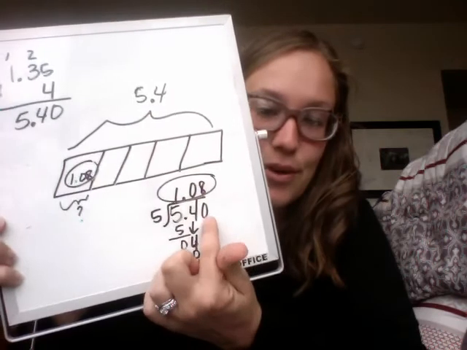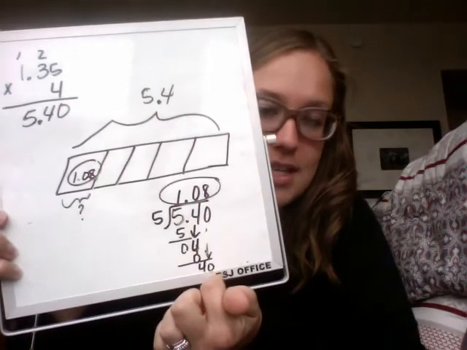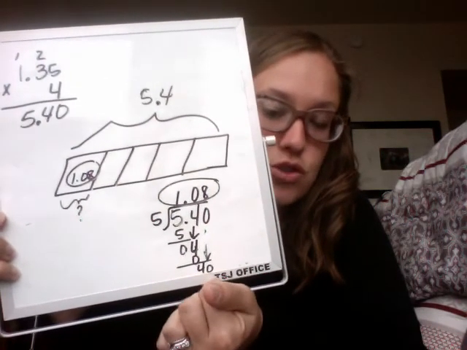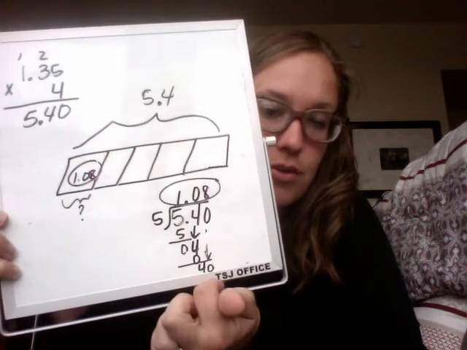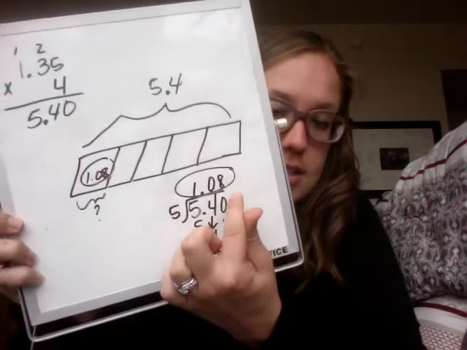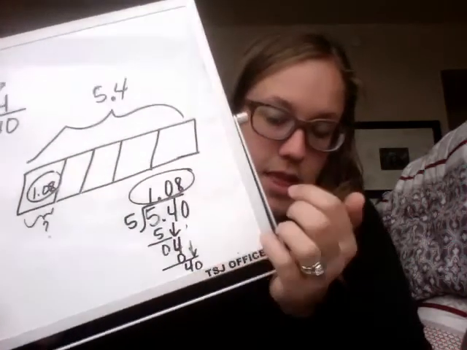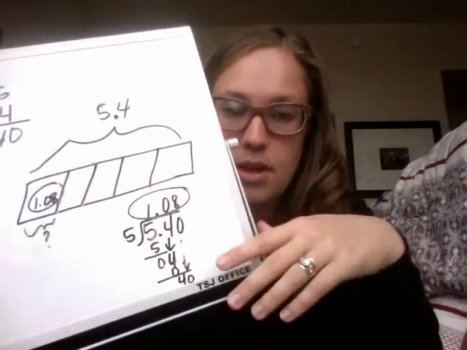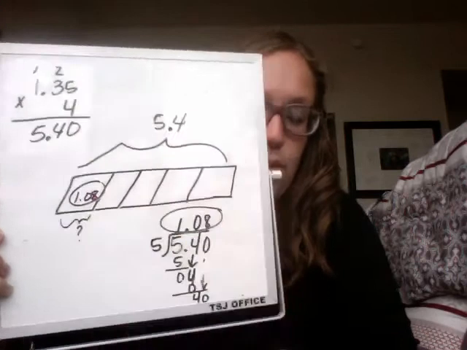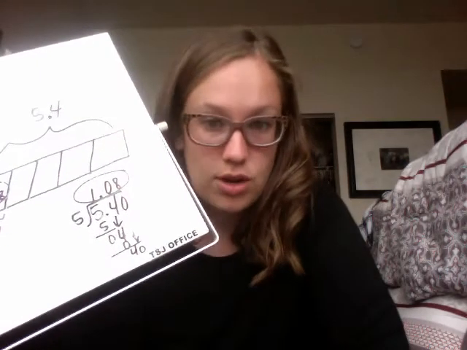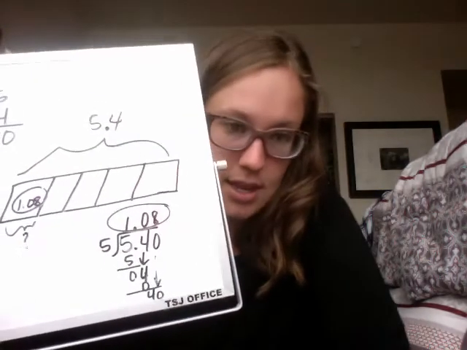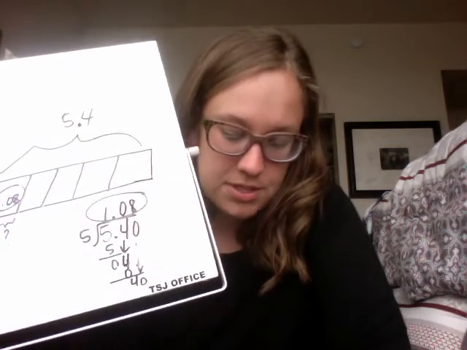I added a 0 in my hundredths place and brought it down to make this 40 hundredths. How many times does 5 go into 40 hundredths? 8 times. And that goes in evenly, so I can stop. So she used 1.08 kilograms of flour for each cake.